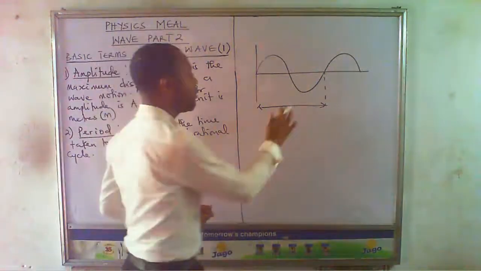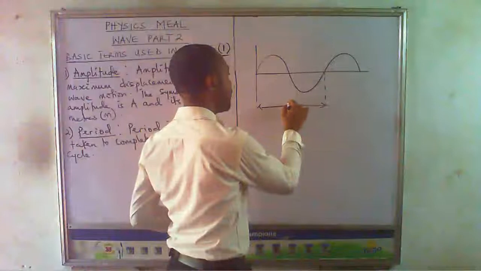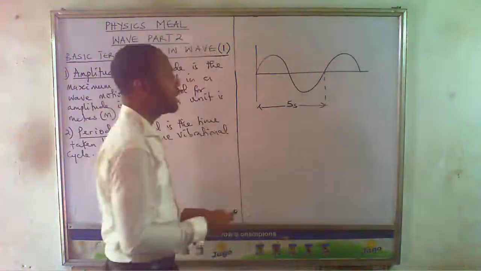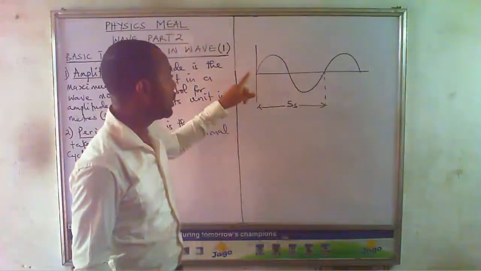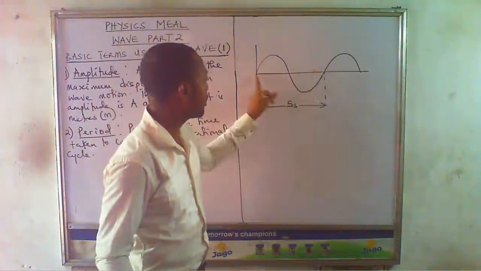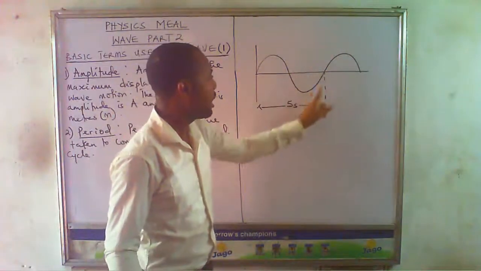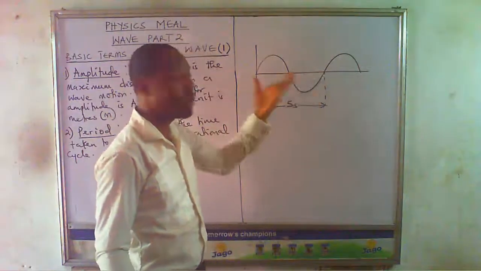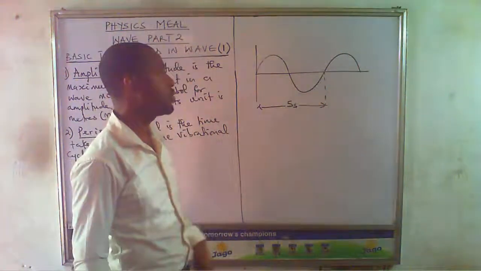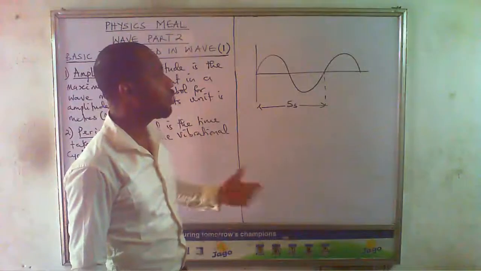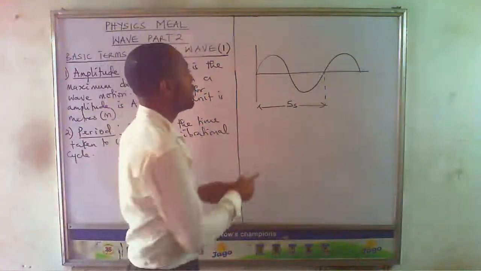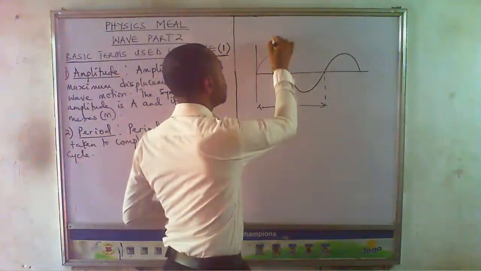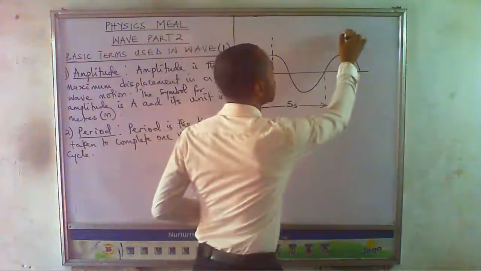So if I have the time, let's say 5 seconds here, then these 5 seconds represent the period, because it is the time taken to complete one cycle. This is like a half cycle, and another half cycle. If you join them, you have one full cycle. So the time taken to complete one cycle is a period.